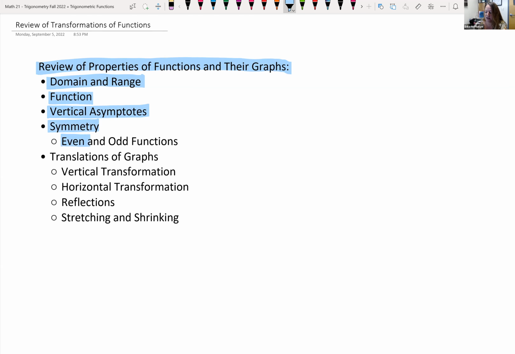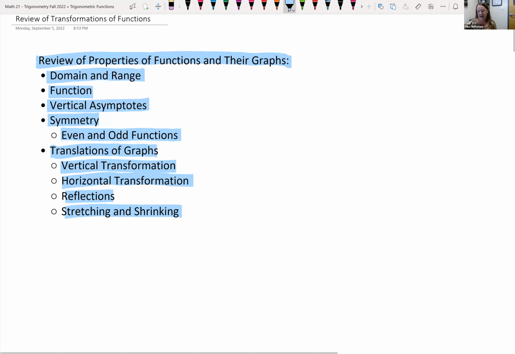We had talked about our trigonometric functions being even and odd, so we'll use that fact to help us graph these functions. Then we're going to look at translations of graphs: vertical transformations, horizontal transformations, reflections, and stretching and shrinking. That is just going to be a quick review of those things, and then we're going to jump in and start graphing our trigonometric functions.